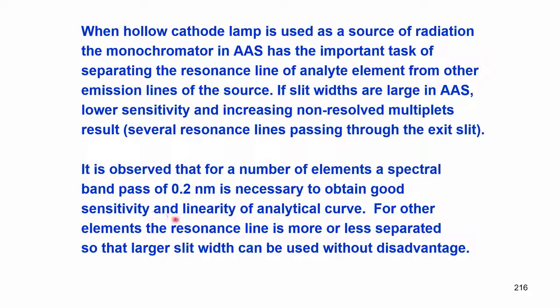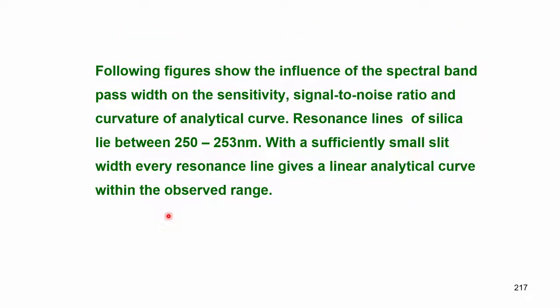To obtain good sensitivity and linearity of the analytical curve, what we need is that the resonance lines are more or less separated, so that a larger slit width can be used without much disadvantage, but 0.2 is more than enough. It does not make much difference whether you use 0.2 or 0.7, but you will have a better feeling if you use 0.7, but actually it does not increase the sensitivity of the atomic absorption.